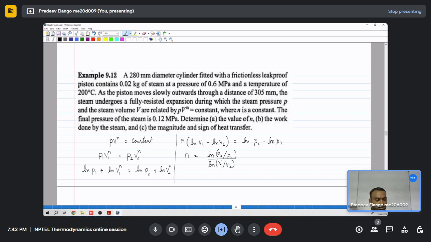Now we know the initial pressure and the final pressure. P1 is 0.6 megapascal, P2 is 0.12 megapascal. The volume at the second state is not given directly, but the change in volume is given by the diameter and the distance the piston moves.